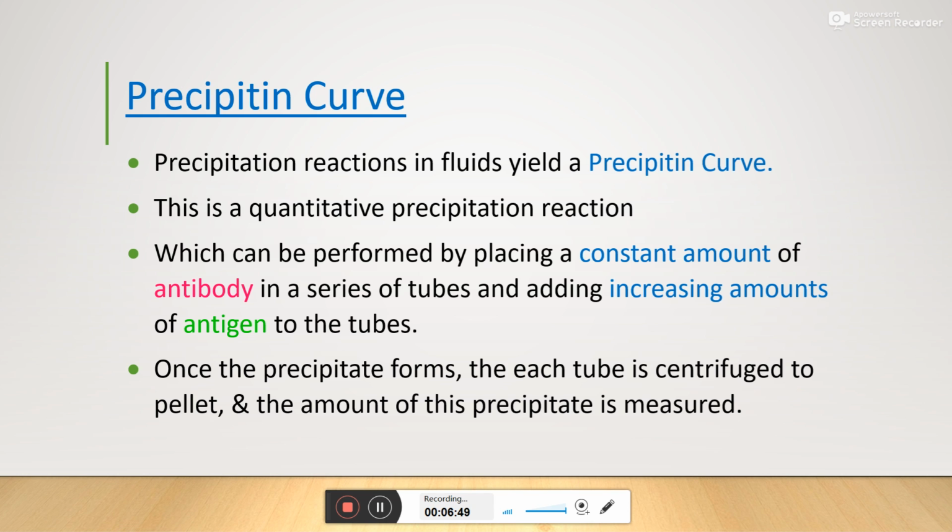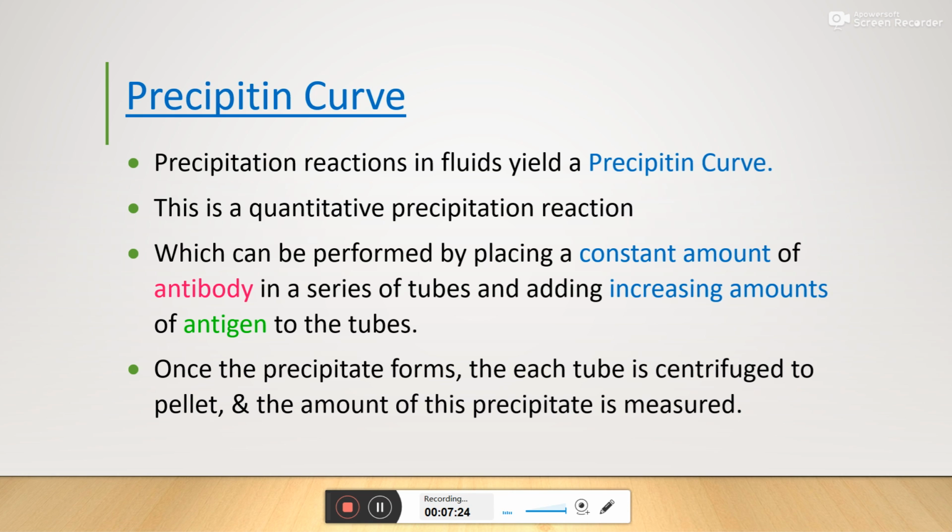To obtain this precipitin curve, we can perform an experiment by taking the antibody in a constant amount in a series of tubes, and adding the antigen in increasing concentration.